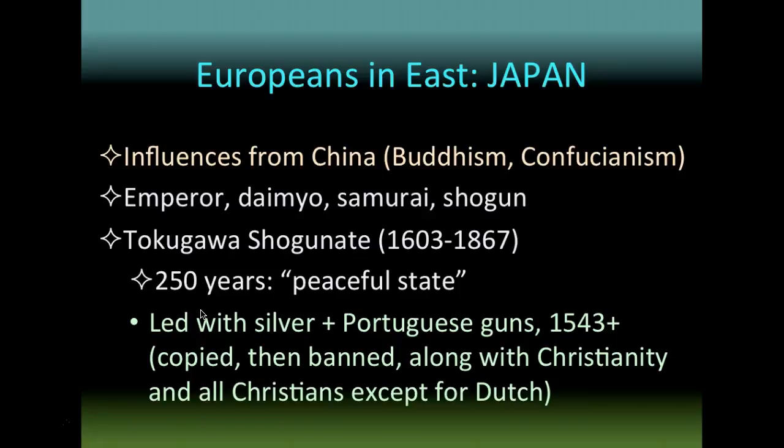The Tokugawa shogunate was able to lead because they had a lot of silver from within Japan, and they bought guns from the Portuguese starting around 1453. They copied the guns and then they banned them, which is kind of interesting because the Tokugawa clan had guns and then they banned them from the rest of the population.